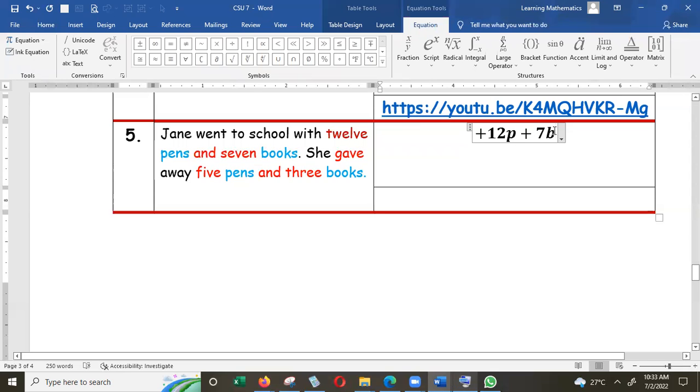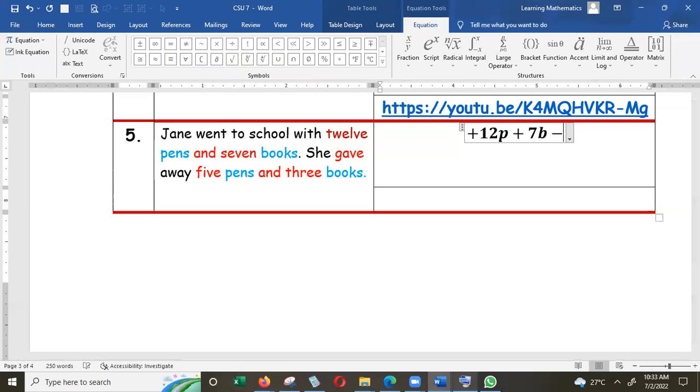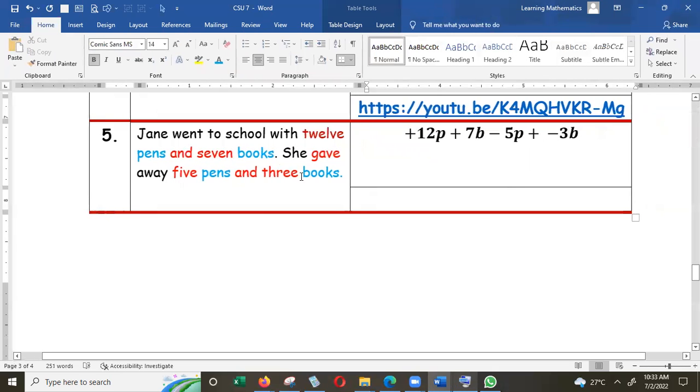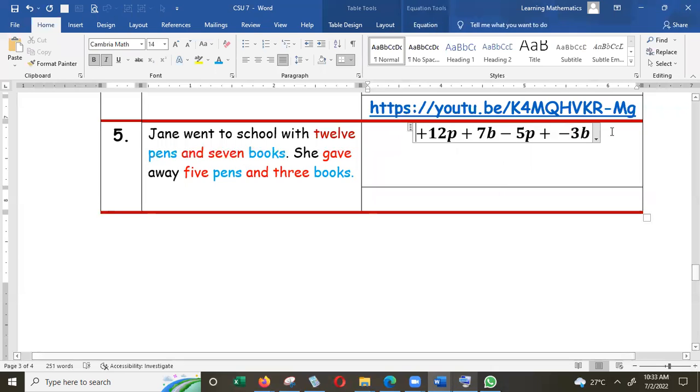You can actually see the translation happening. She gave away, that's a subtraction sign, 5 pens, and she also gave away 3 books. So here's the symbolic translation of these 2 sentences.